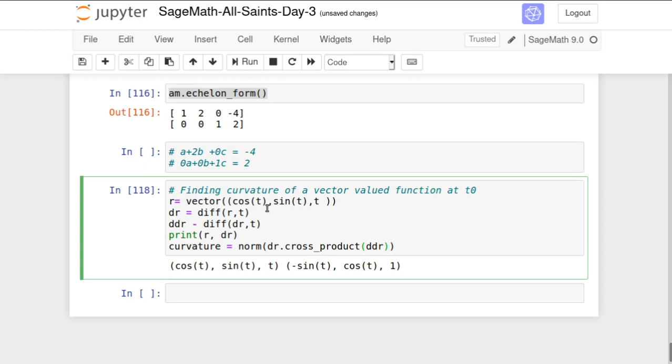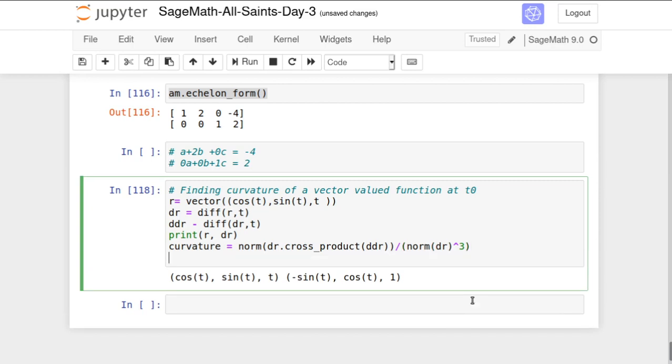Now we require this norm divided by, so now we have to close, divided by the norm of r dash t cube, or r dash is nothing but dr, cube. This is the equation for curvature.